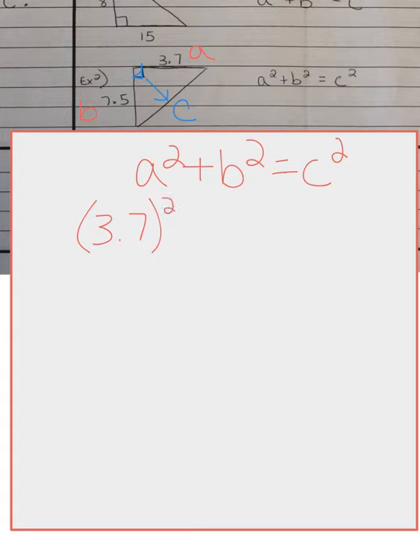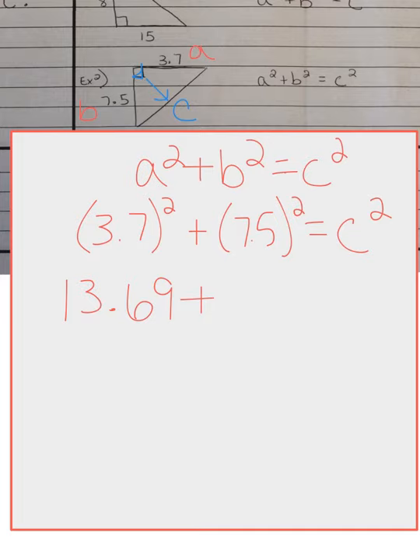3.7 squared plus 7.5 squared equals c squared. And again, these are decimals, but that's okay. You just times it by itself. So 3.7 times 3.7 is going to be 13.69 plus 7.5 times 7.5 is 56.25, and that equals our c squared.